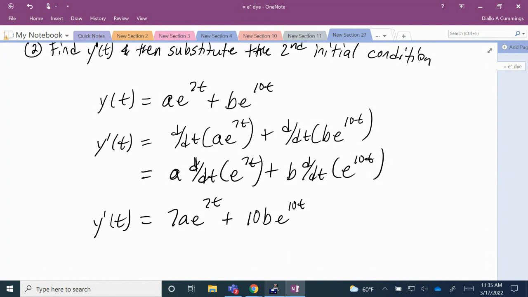Now, since we have y prime, we're going to substitute in the second initial condition, which is y prime of 0 is equal to 1. Here again, we're going to substitute 1 for y prime of t, and we're going to substitute 0 for t.